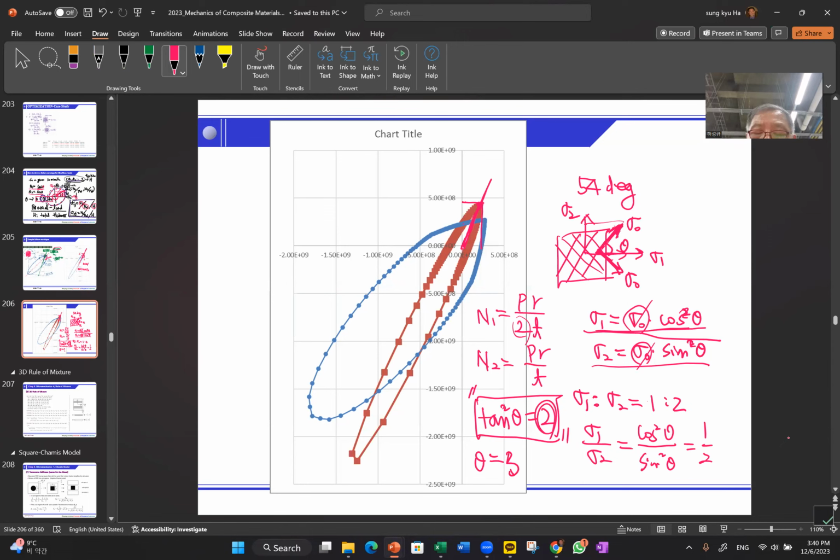So theta is simply 54 degrees. This is a pretty much universal value, a very well-known angle, and it's good to understand that. And now from the failure envelope, why is 54 degree important? As you can see, this is the biaxial 54, and it gives us the highest failure envelope.